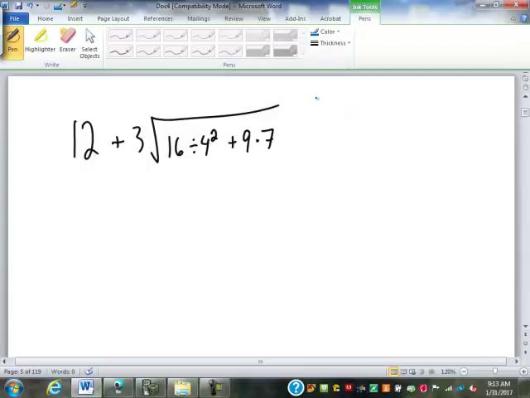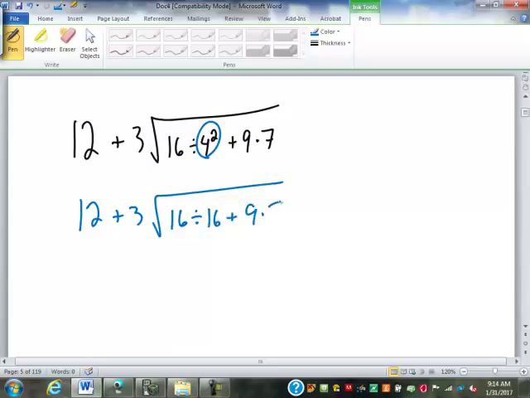So here, the square root is an enclosing symbol. We have to do everything inside there first. So we have to do the exponent. 4 squared is 16.